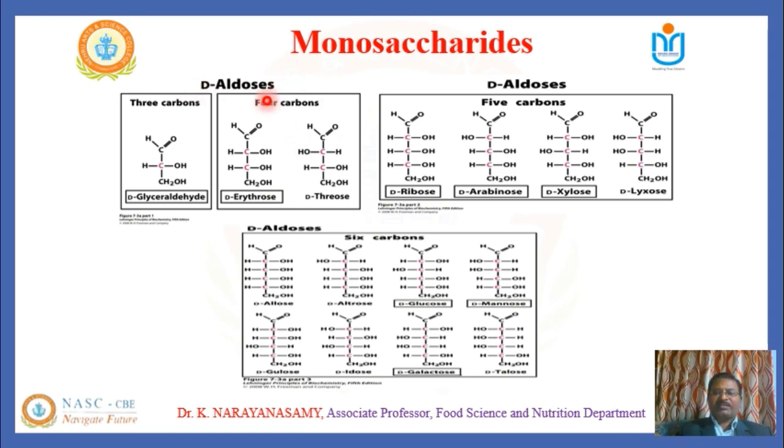D aldoses: the 3 carbon compound is D-glyceraldehyde, the 4 carbon are D-erythrose and D-threose. Similarly, the 5 and 6 carbon aldose sugars: the 5 carbon are D-ribose, D-arabinose, D-xylose, D-lyxose. And the 6 carbon aldoses are D-allose, D-altrose, D-glucose, D-mannose, D-gulose, D-galactose and D-talose.